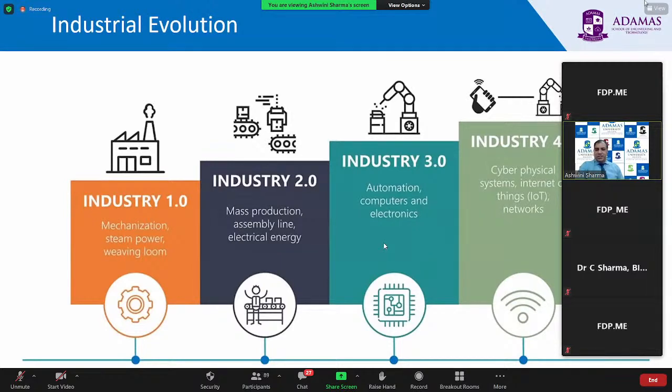We will see all these things later on in coming slides. Internet of Things, the networking. So this is how the industry has evolved over the last so many decades, and that's where we are right now. And in future, nobody knows what is going to happen, right?